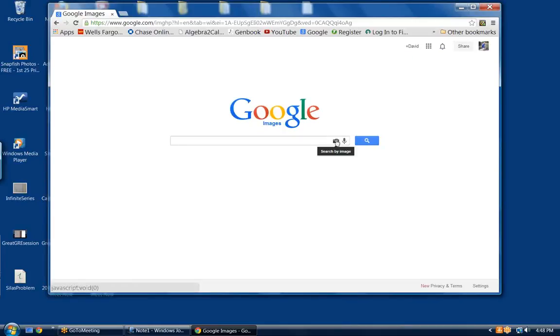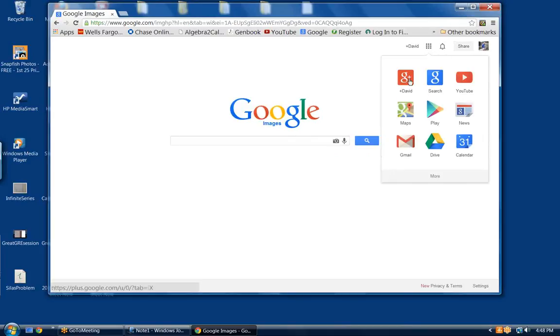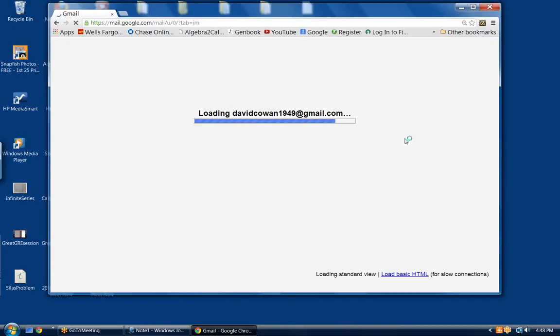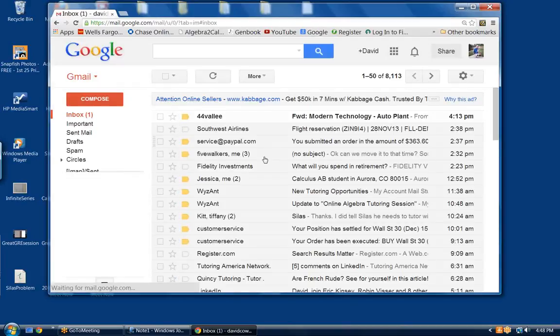Wow, they have Google Camera now? So is search by image. Okay, let's see. Where the heck is my Gmail? Usually that's right up front and center. Okay, so I want Google Phone. Hold on a second.